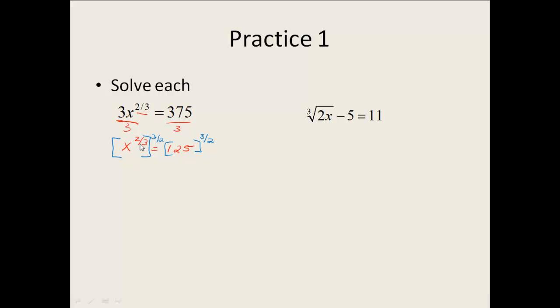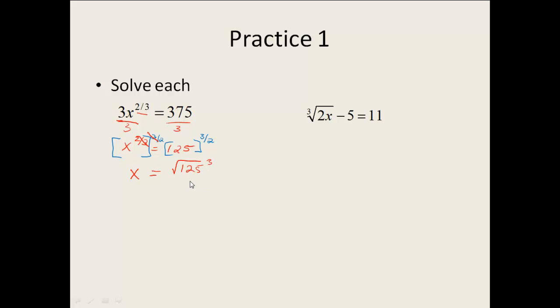On the left side, my power of a power rule would give me x raised to the 6/6, which is just x, so these exponents essentially cancel each other out. And on this side, I end up with 125 raised to the 3/2. Now I have to see if I can simplify this down. So I'm going to go ahead and rewrite this as the square root of 125 cubed.